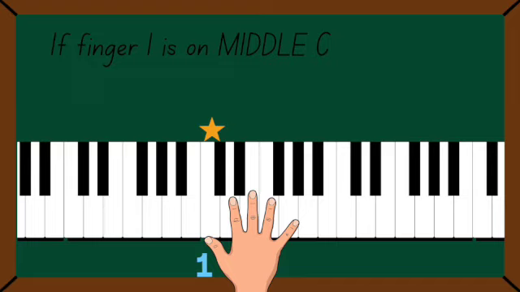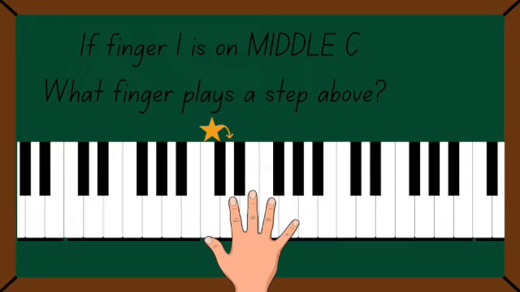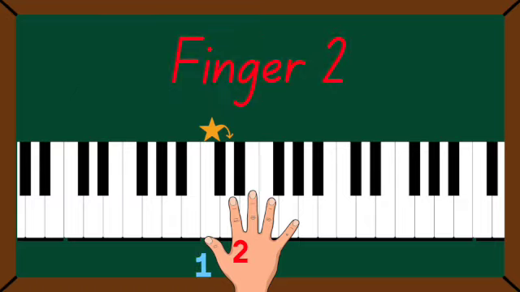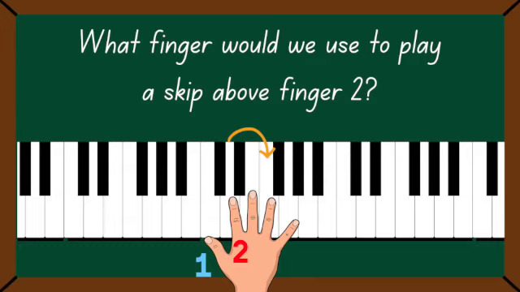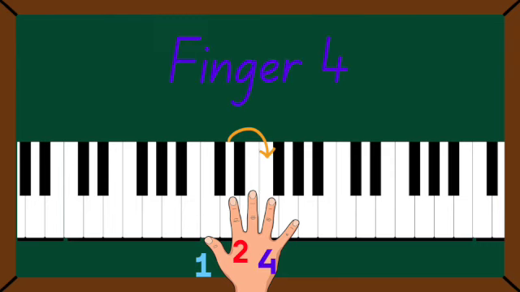Our first finger, the thumb, is on middle C. What finger would play a step above? Finger 2. From finger 2, what finger would we use to play a skip above? Finger 4.